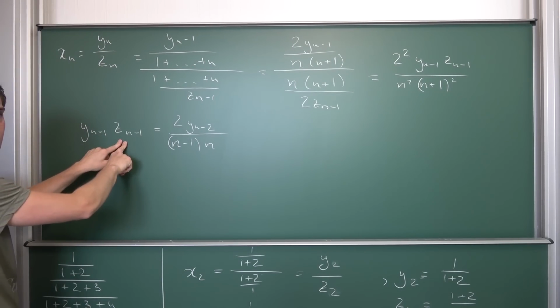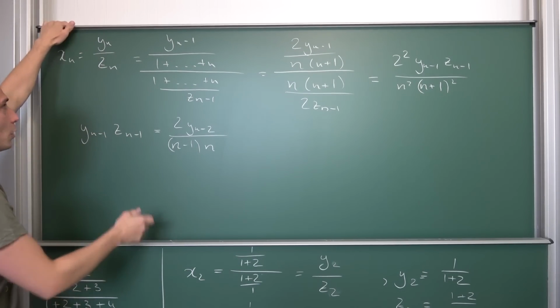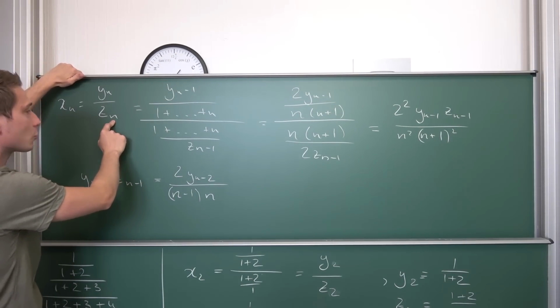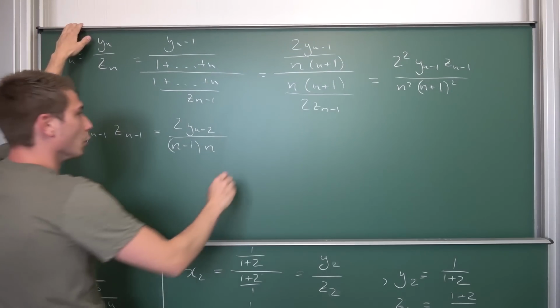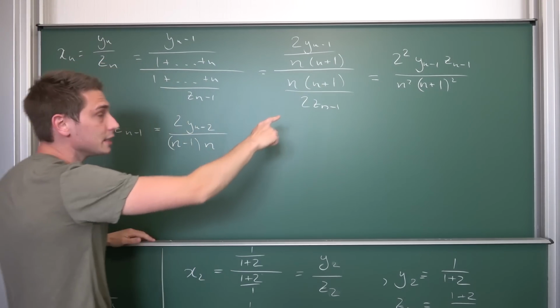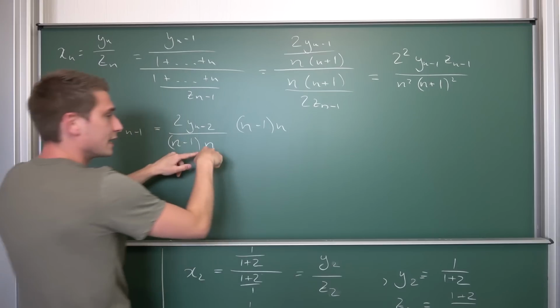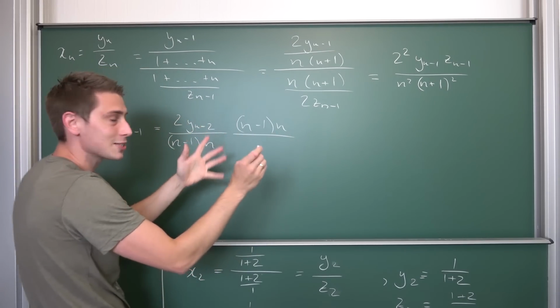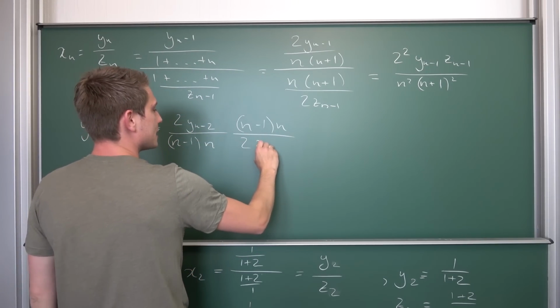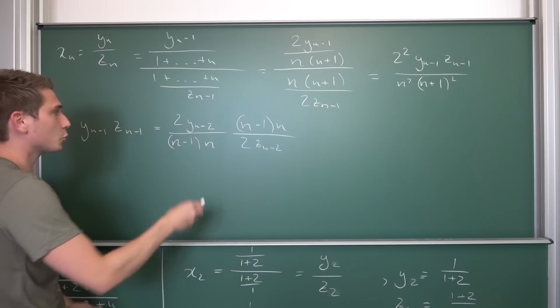And now multiplying this with the new definition for zn minus 1, so making a shift of index from n to n minus 1 overall, is going to give us, down here in the denominator, n minus 1 times n yet again, just like here, and this is going to reduce so nicely, 2 times zn minus 2. And this is so great, right?